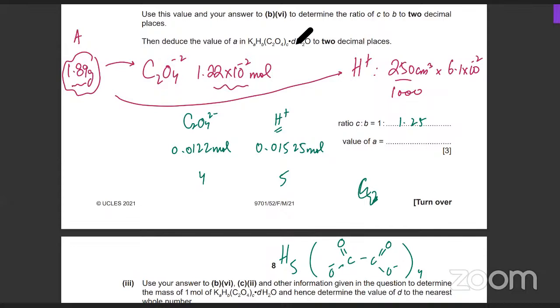So how would you find A then, the value of A? The B and C ratio was fine. We were able to figure that out. How would you find the value of K? That's the question now. How would you find A?